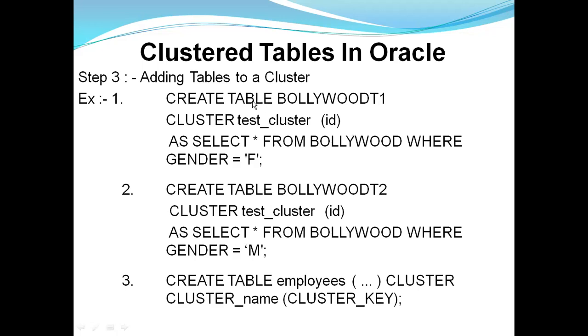So create table name, cluster name, ID. ID is nothing but the cluster key. Correct? As select star from existing table where gender equal to F. So this table will be a part of this. Same way you can create another table.